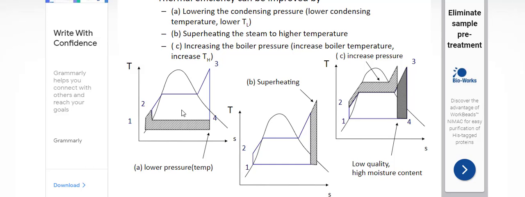But in the first case, in order to lower the temperature or pressure at point number 4, at the entry of the condenser, if we reduce it, it will lower the dryness fraction below 0.88, and hence chances of cavitation are high in such cases.